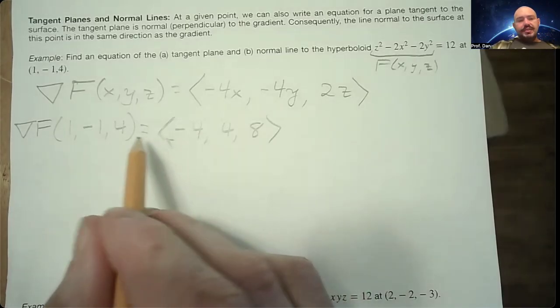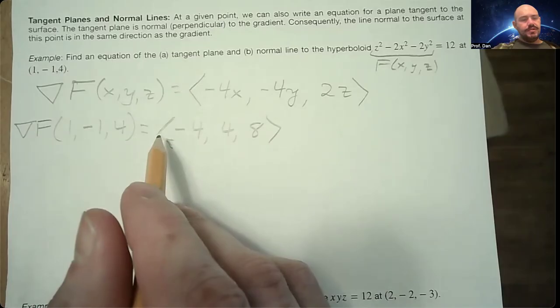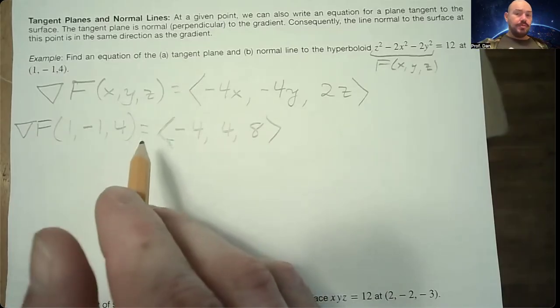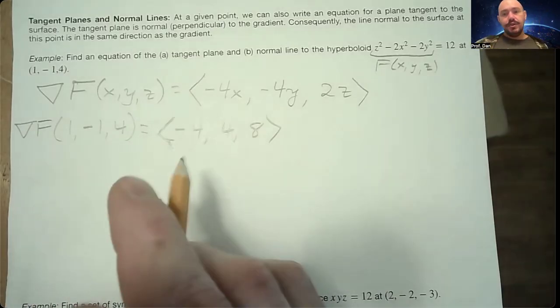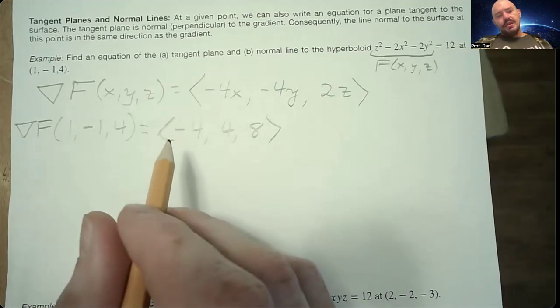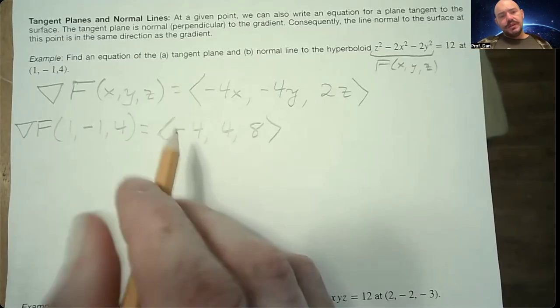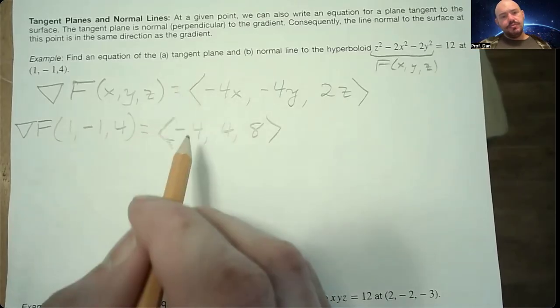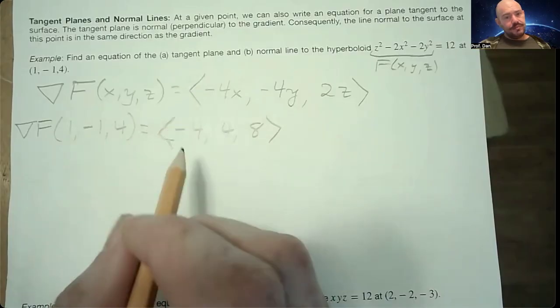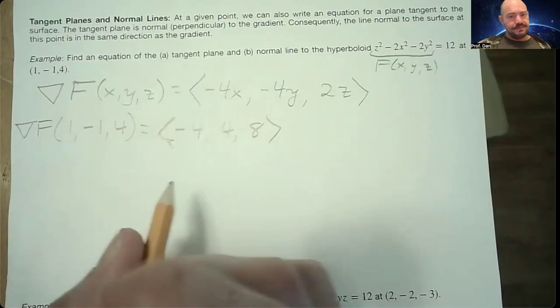So in this case, I have a gradient which is normal to a level curve, so normal to the surface. And I want a tangent plane, right? Normal and tangent are perpendicular. That's a line or vector, that's a plane.